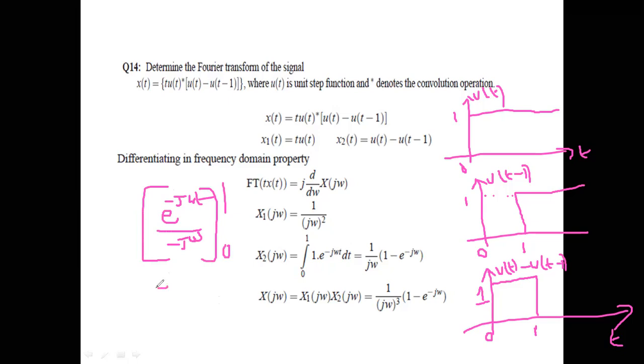Substituting the limits, it becomes e power minus j omega into 1 minus e power 0, over minus j omega. Now it becomes 1 minus e power minus j omega by j omega.